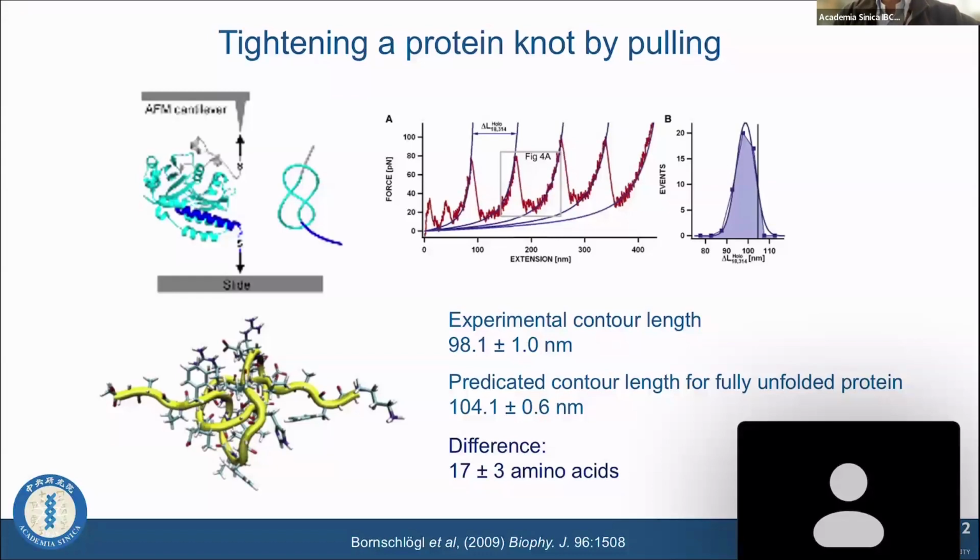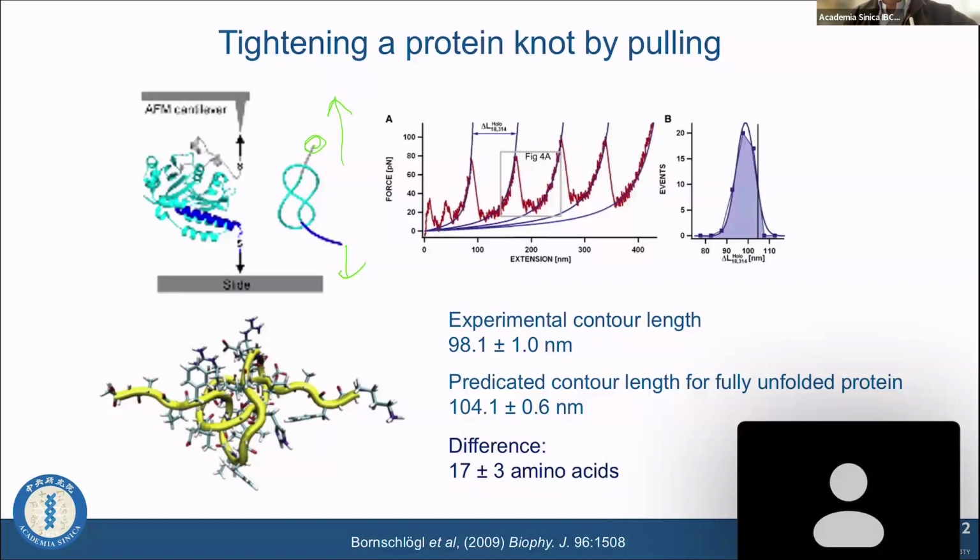So can we experimentally prove that these knots do exist? The answer is yes. For example, you can take a 4-1 knotted protein, immobilize one end to the surface here, and then use atomic force microscopy cantilever tips to pull the other end all the way up.